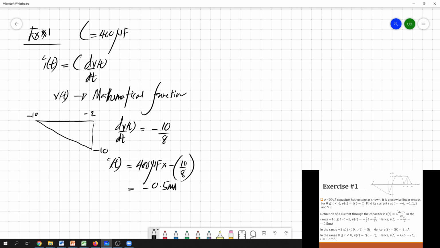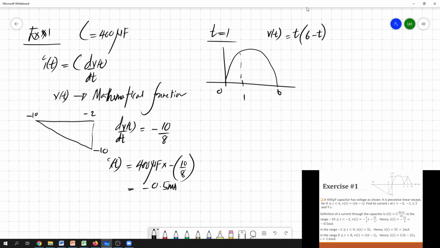So if you want to find the current at t equals 1, we know that the trend between 0 and 6 is given by Vt equals t times 6 minus t.